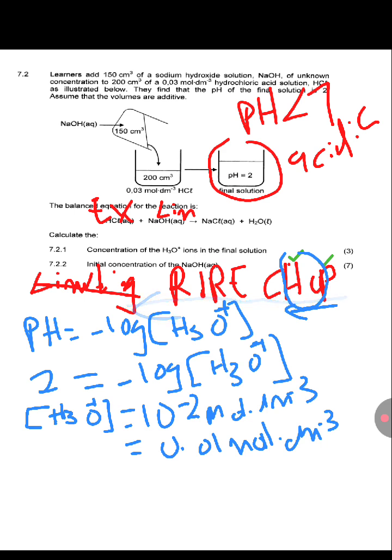So for the next question, I'm going to calculate the concentration, and this concentration is equal to the number of moles that are in excess divided by the total volume.